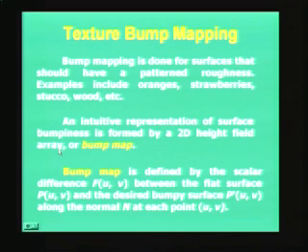Well, the bump map is defined by the scalar difference f(u,v). Although you have two parameters u and v, it should be a scalar, because at any point u and v there is a scalar difference f between the flat surface p(u,v) and the desired bumpy surface p'(u,v) along the normal n at each point (u,v). So, this is the one which is varying.